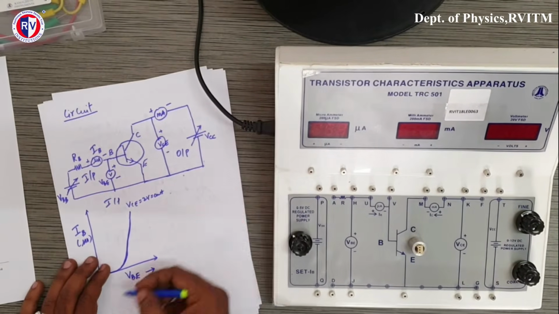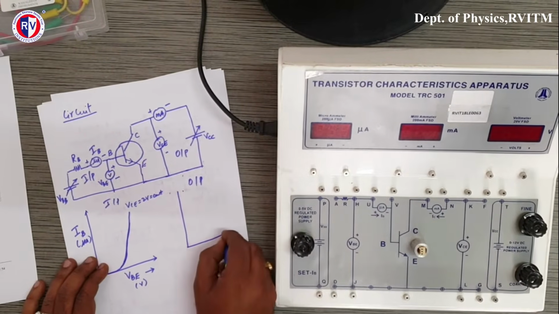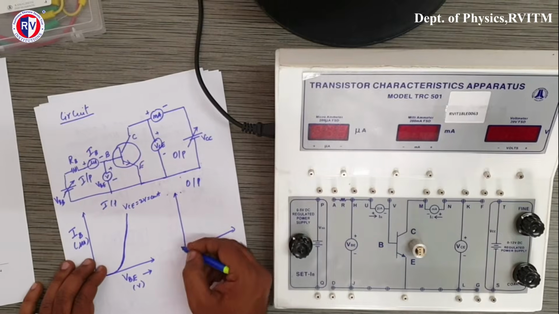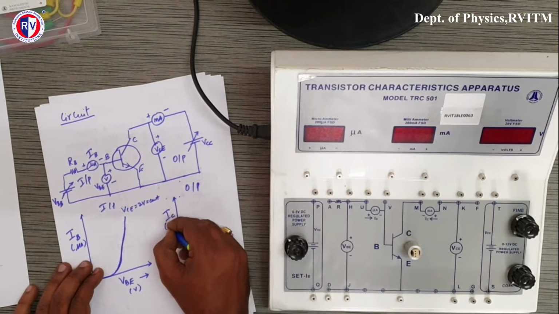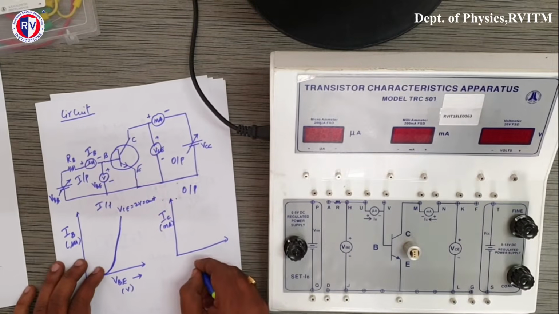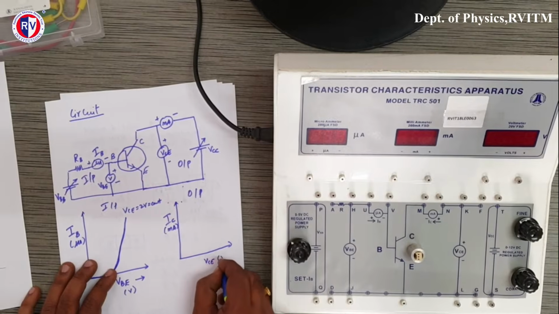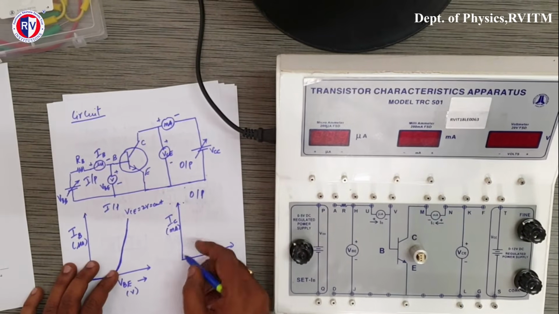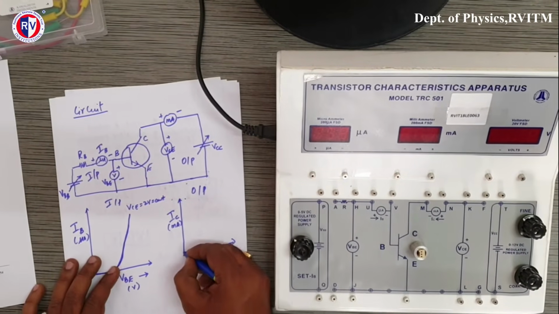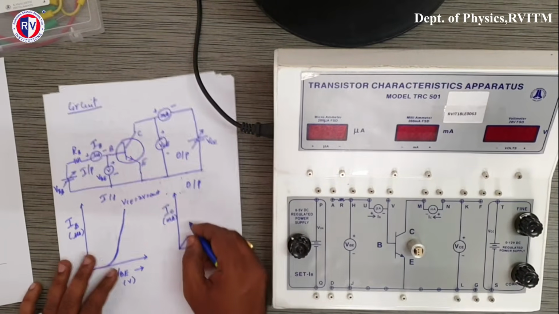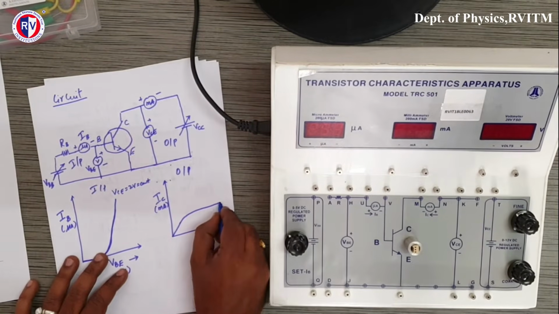Whereas the output curve should be like this. In the output characteristics we plot IC along the y axis in milliampere, and the x axis is VCE in volts. With increasing voltage, the collector current increases linearly, and after reaching a particular voltage it becomes constant, saturated.